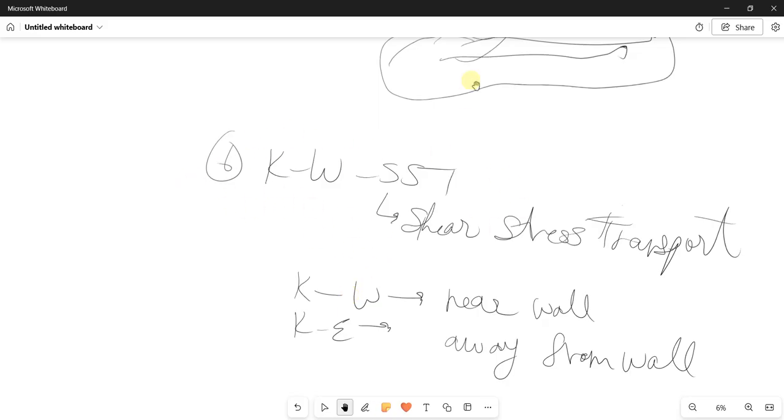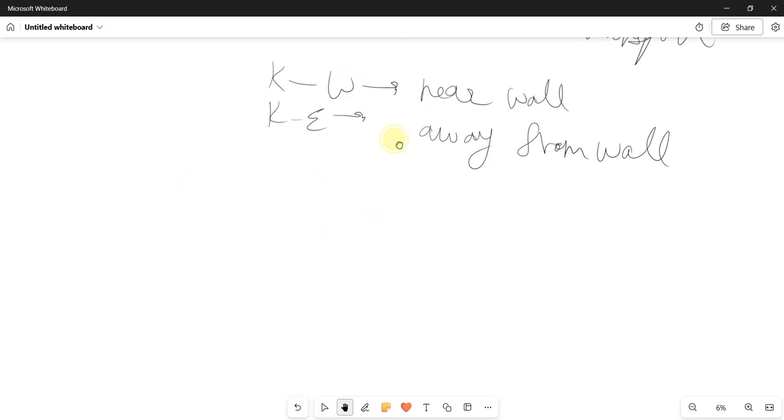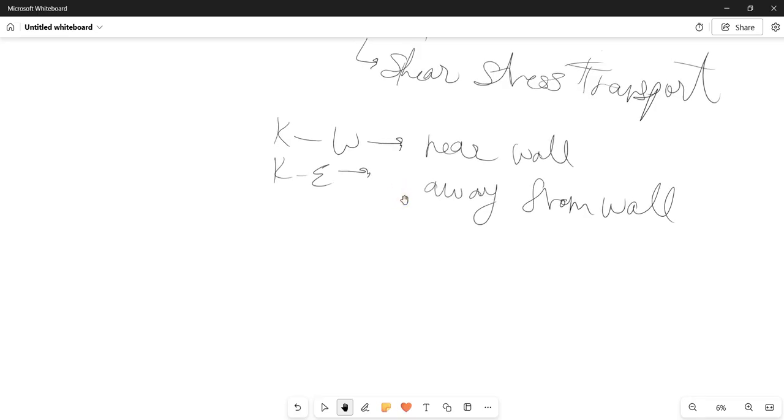So that's the K omega SST, right? K epsilon was doing badly near walls, so you put K omega into this model where it does well near walls, and away from walls you have K epsilon handling it. So this handles flow separation very well.